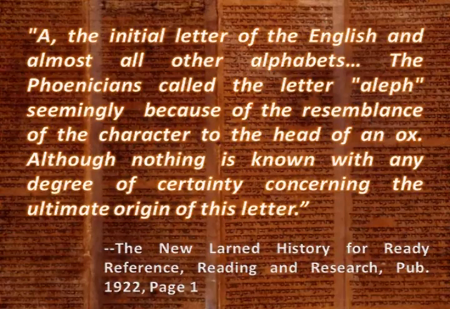The Phoenicians called the letter Aleph, seemingly because of the resemblance of the character to the head of an ox. Although nothing is known with any degree of certainty concerning the ultimate origin of this letter."